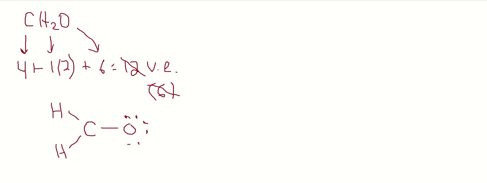All the atoms except for the central carbon have achieved the octet, and carbon needs 2 more electrons, and we've run out of electrons. So what we can do is use a lone pair from the terminal atom, in this case the oxygen, and make a multiple bond using those electrons. So what we get here for the Lewis structure for formaldehyde is this.